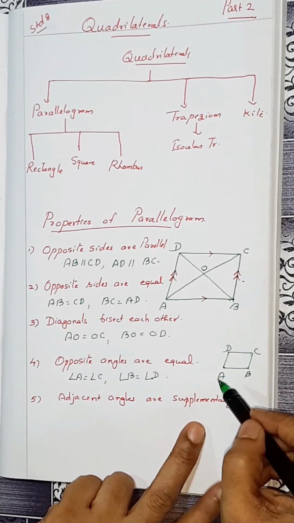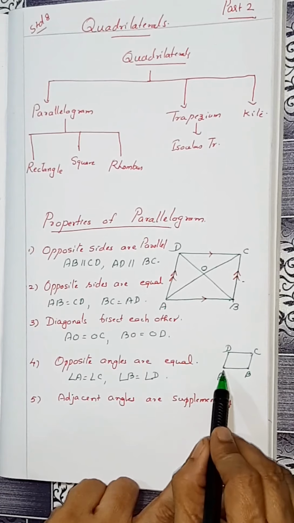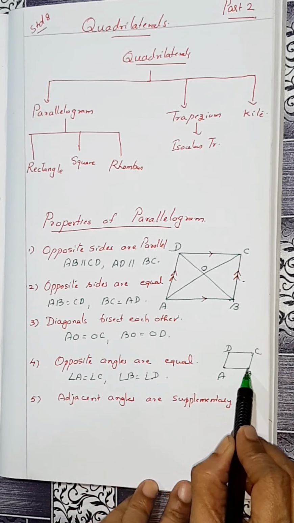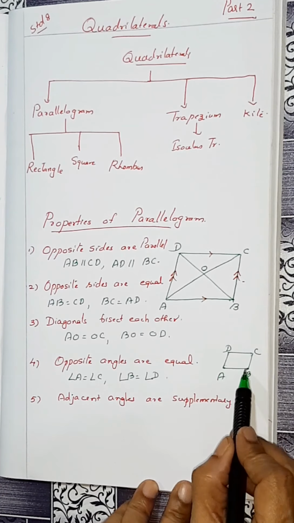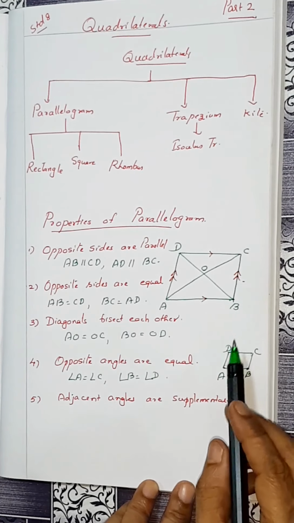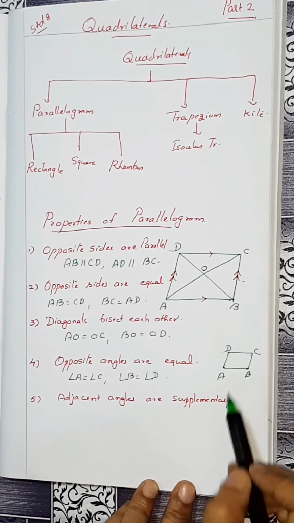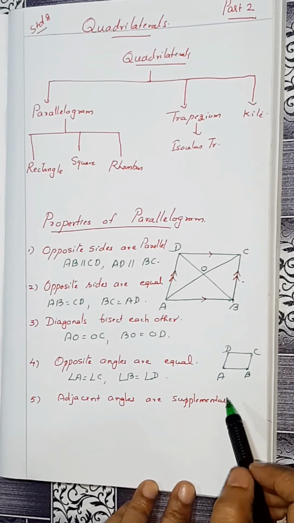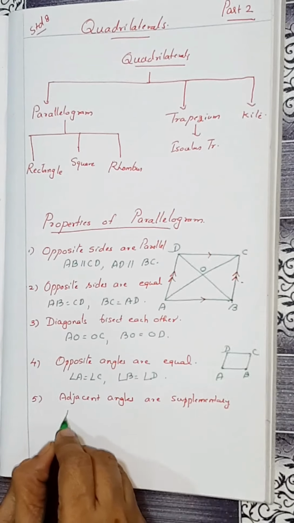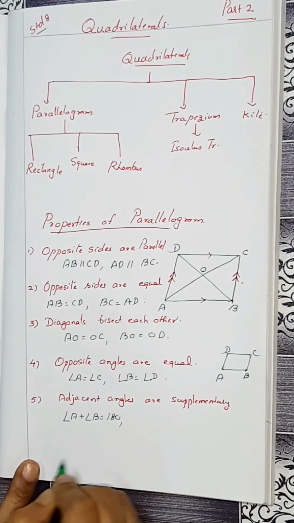That is one of the properties of parallel lines. So AD and BC are parallel lines, we know. So AB will become the transversal. So these two will become co-interior angles. Co-interior angles are supplementary between two parallel lines. So angle A plus angle B equal to 180.